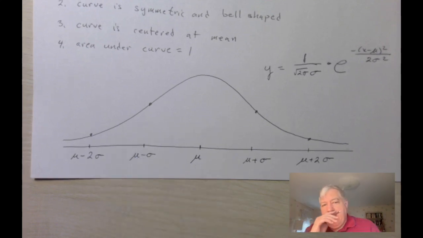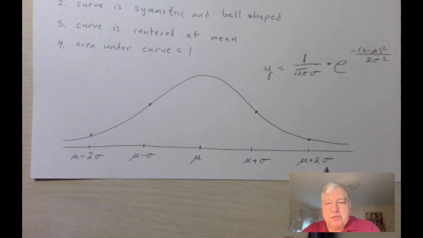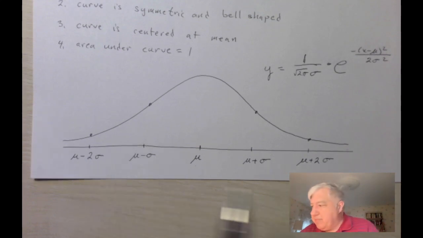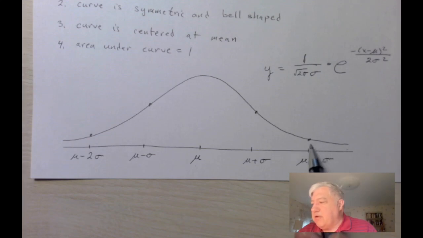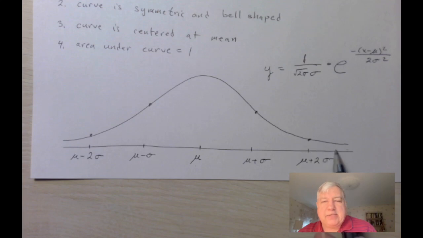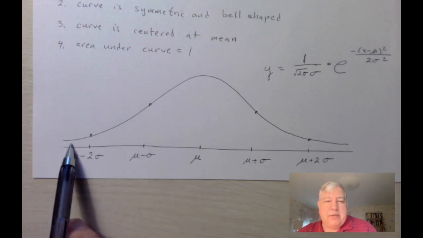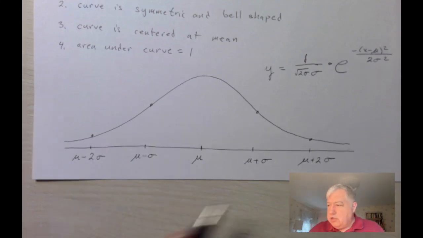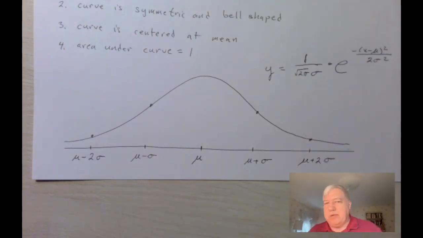And then we have mu plus 2 sigma, mu minus 2 sigma. Basically we're going to say that unusual values of x would be past this number and less than this number. So this is the normal probability distribution.